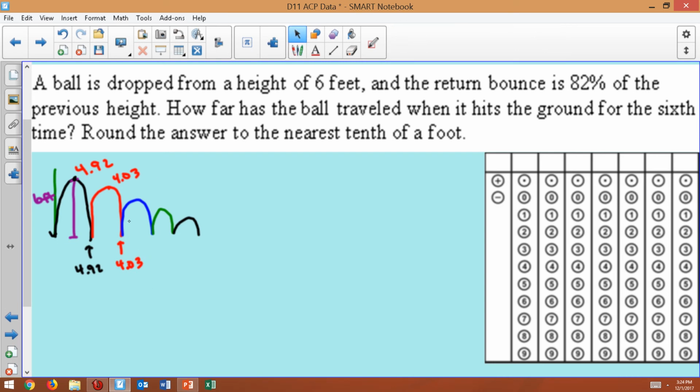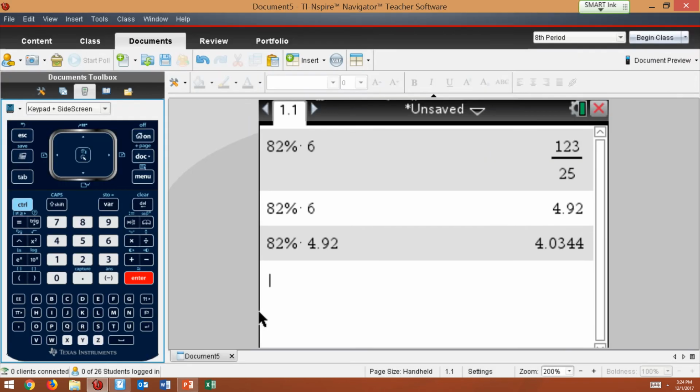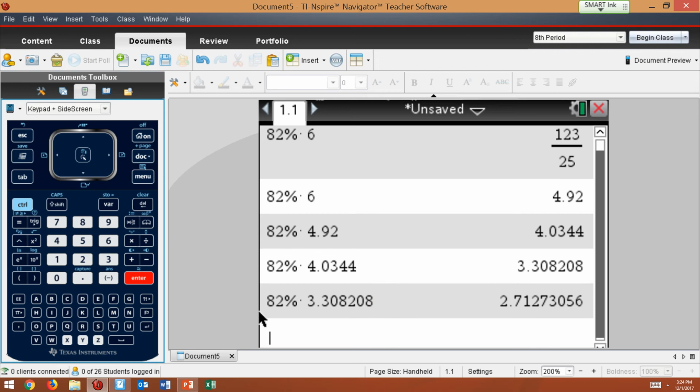Now, when we come to this one, we can type that in the calculator. And let's see, we'll have one more bounce here, a second, and a third. So we'll do this 3 more times. So to be quick, I'm going to just copy it and do it 3 more times, and I'll be exact here. So there's once, that would be the second bounce, and we'd have one more after this.